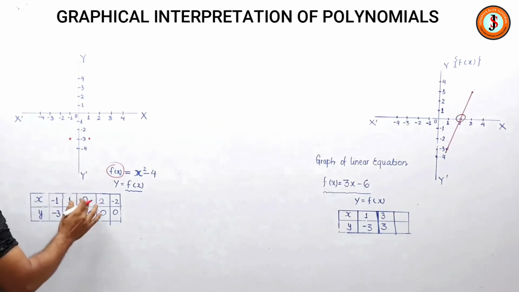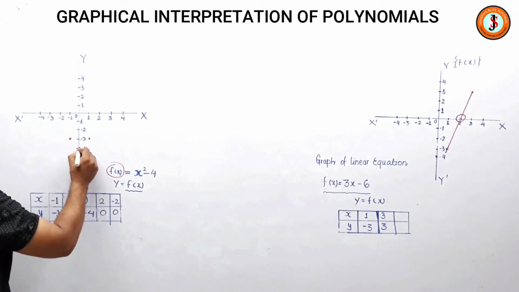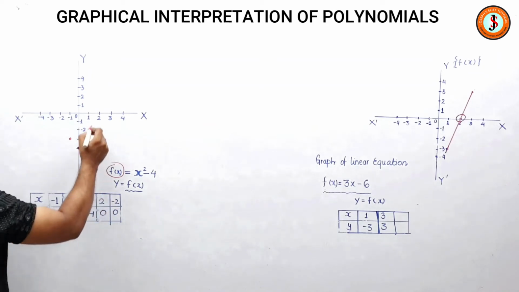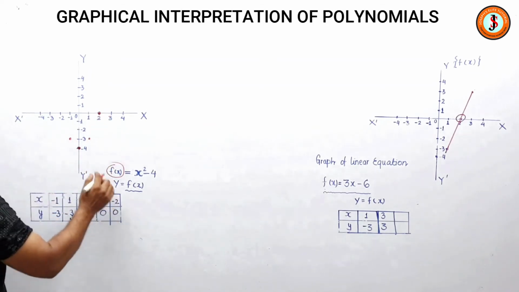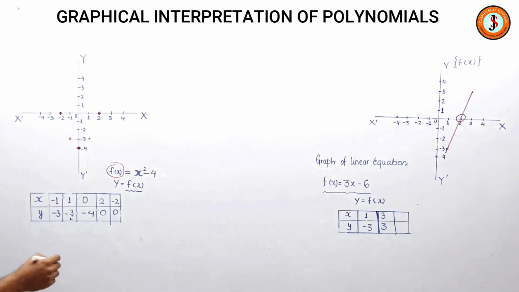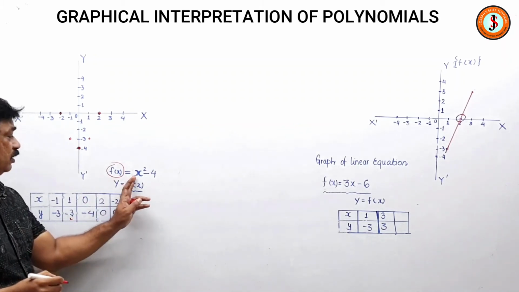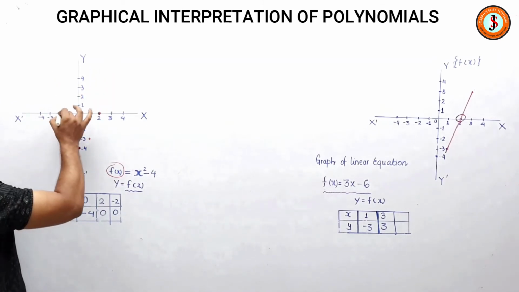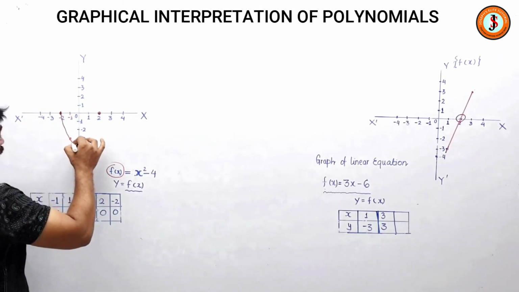X is 0, then y is minus 4. X is 2, then y is 0. X is minus 2, so have a look. Now if I would have taken x is 3, 3 square is 9, so 5 will come. So the nature of this graph will be like this.